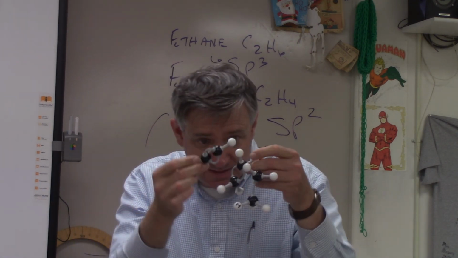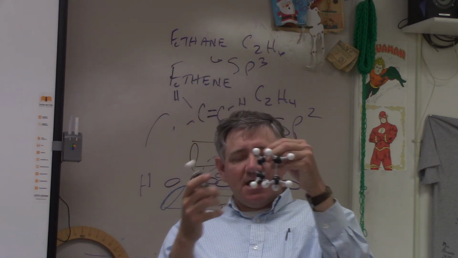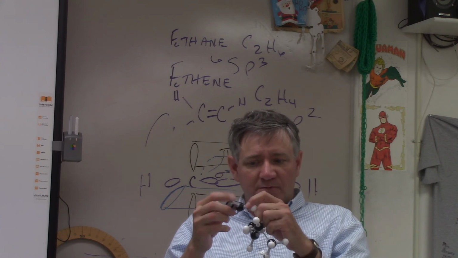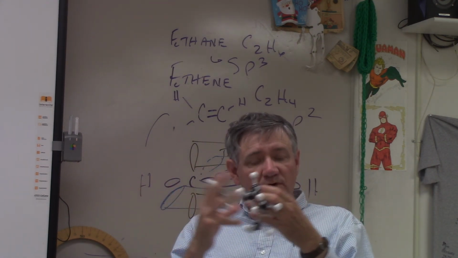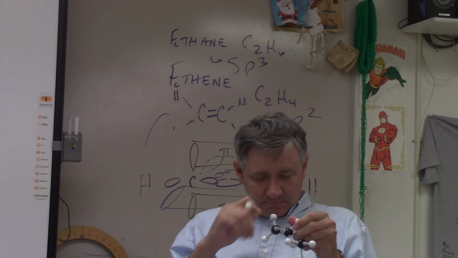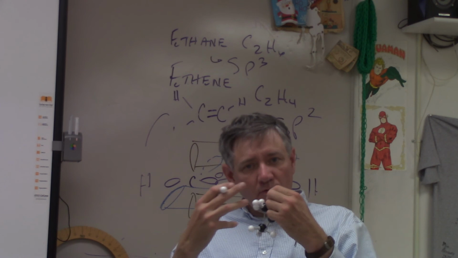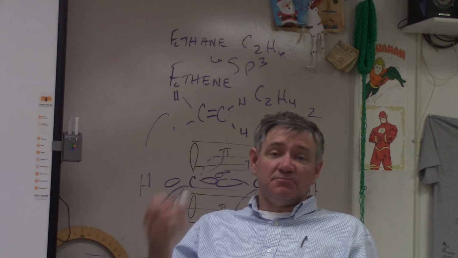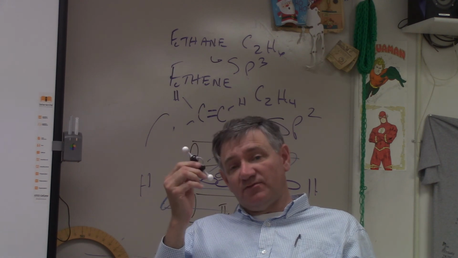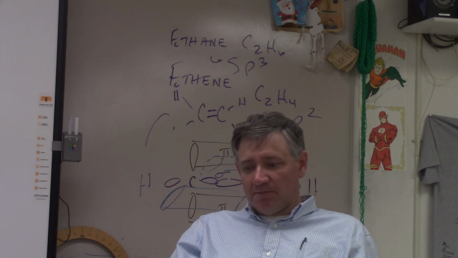So the more bonds you have between these carbon atoms, the closer those nuclei are going to be, because you have these bonds holding the atoms together. That also means it takes more energy to break those bonds, because you've got to break a sigma bond and the two pi bonds.